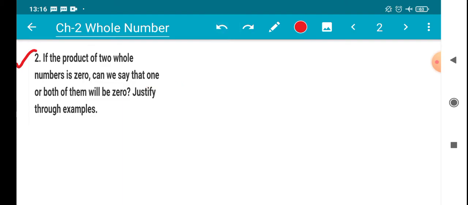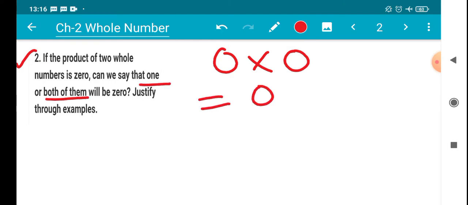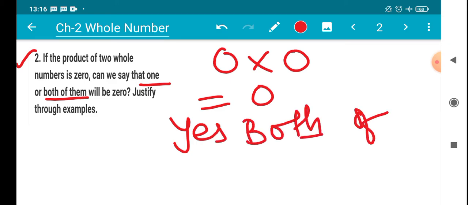Let's say the product of two whole numbers is 0 into 0. They say one or both of them. So yes, both of them can be 0. This is one example.